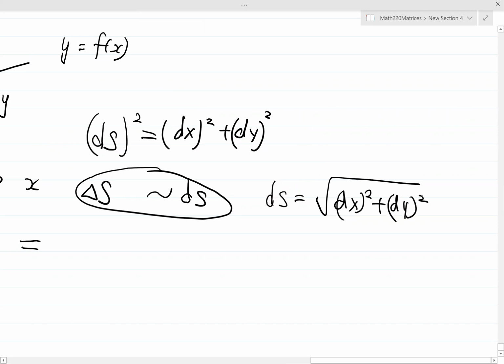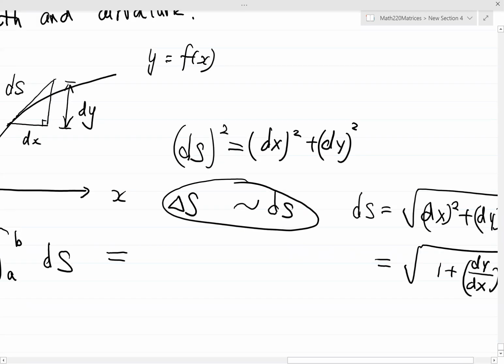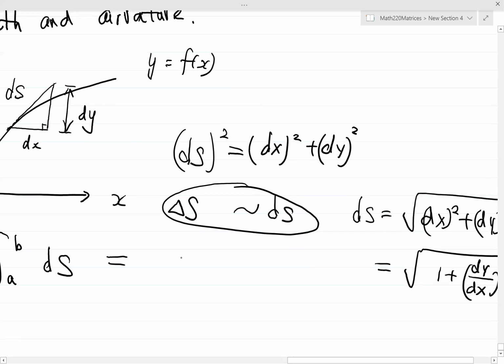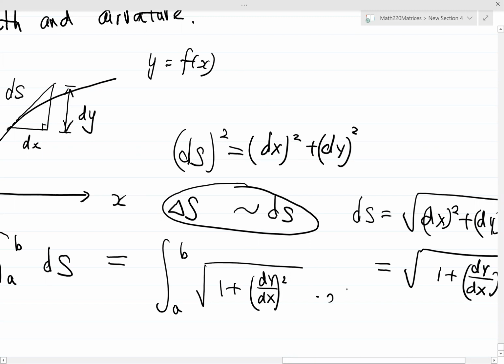If you factor out dx, this will be the square root of 1 plus (dy over dx) squared times dx. So the arc length formula is obtained in this manner: the integral from a to b of the square root of 1 plus (dy over dx) squared, dx.